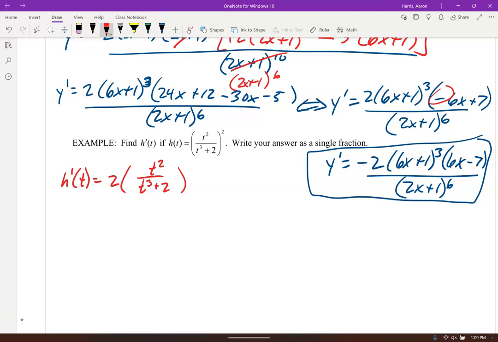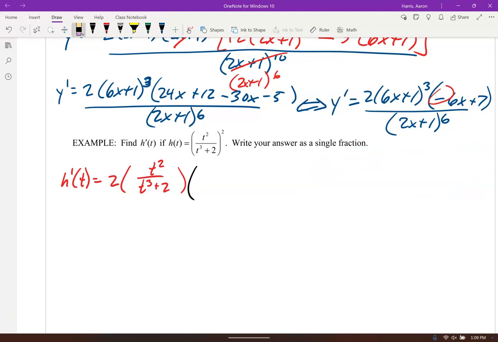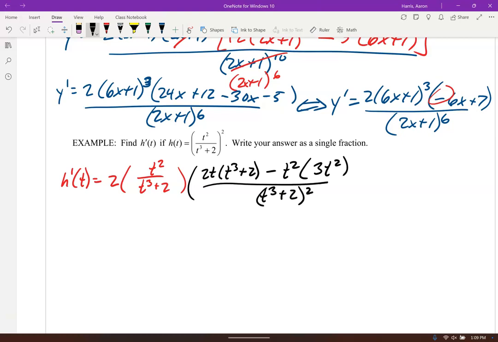But I got to take the derivative of that inside, which means I got to use the quotient rule now. So I have all that here. Let me erase this. I have a little room here. Now I got to do the quotient rule, which is derivative of the top times the bottom minus the top, derivative of the bottom, all over bottom squared, right?